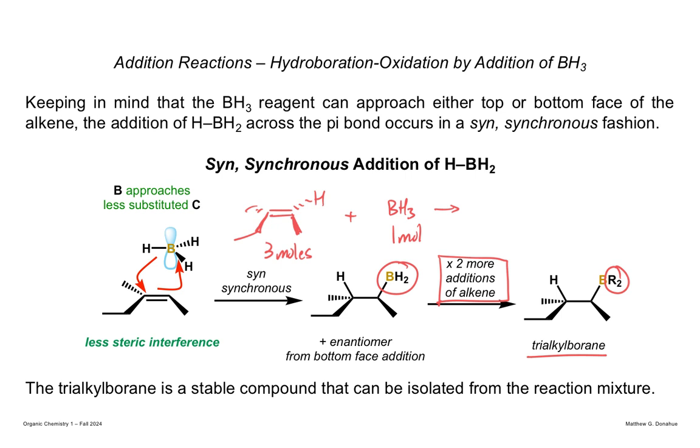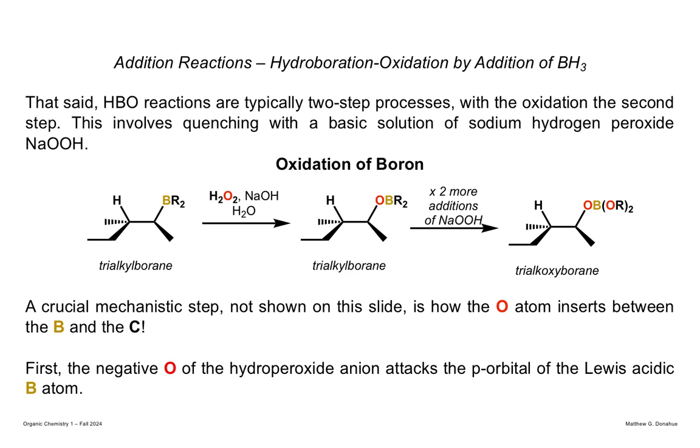So at this point, we're not done. We still have to get the oxygen in there. Because hydrogen peroxide, as I said, has a pKa of about 10, you can treat it with sodium hydroxide to form sodium hydroperoxide plus water. Now you have a nucleophilic oxygen that will attack that boron.